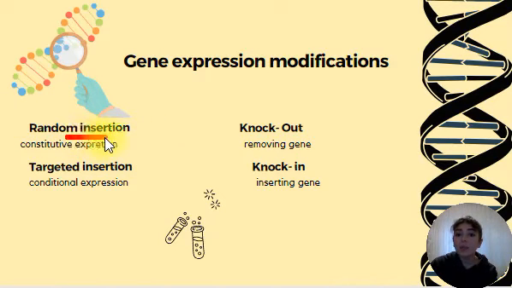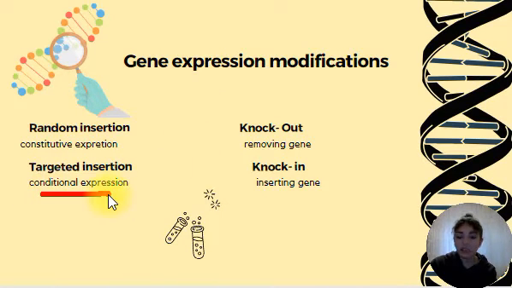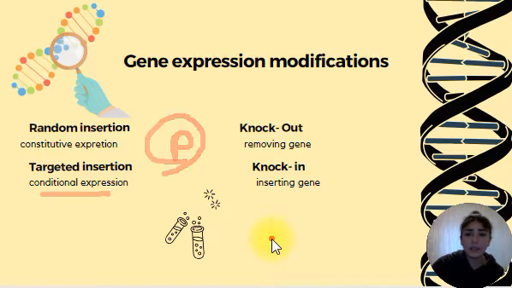When we randomly insert it, we constitutively express the gene, non-stoppably express the gene and make the product, right? When we targetedly insert the gene, we conditionally express it. So we make a certain amount of product. So that's the difference.